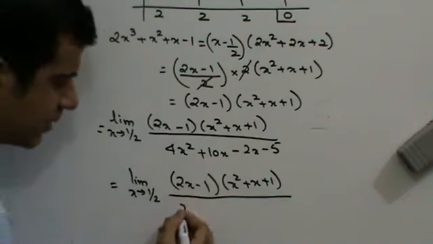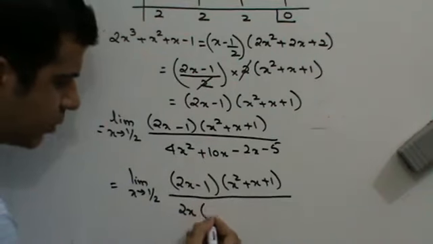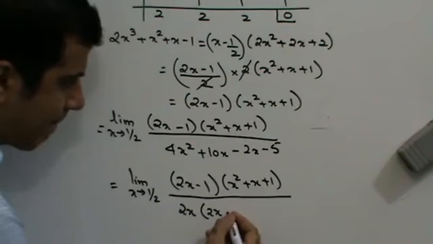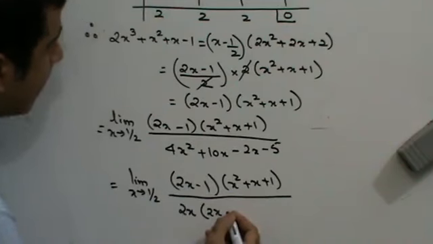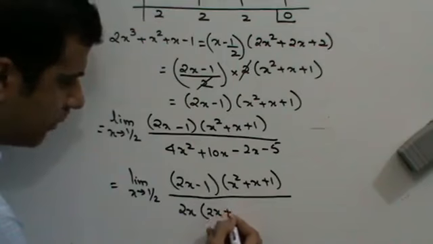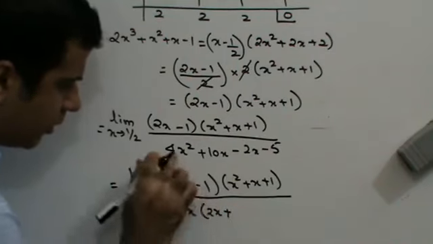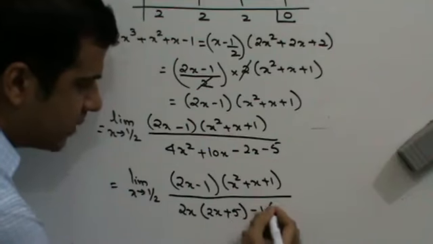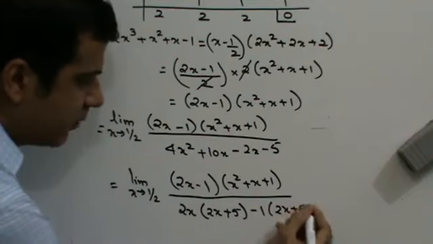Between these two terms I could take 2x common. So in that case I will get 2x, no, this is going to be 2x(2x plus 5) minus 1(2x plus 5).